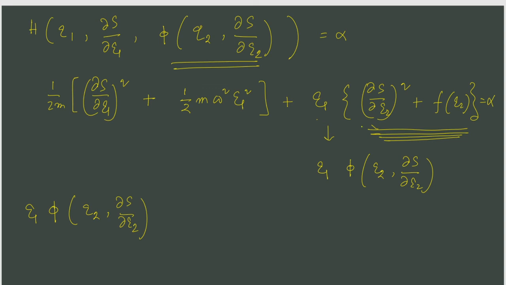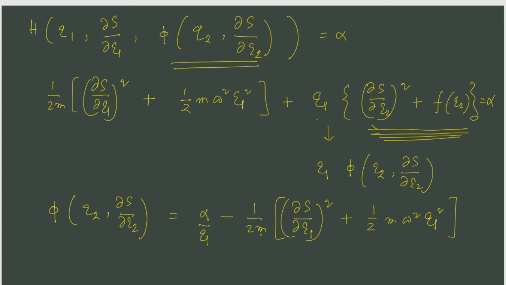Now suppose from this equation we take this second term, and this would be equal to, and of course we can take the q1 on the other side. And so phi, the left hand side is purely a function of q2 and the right hand side is a function of q1.